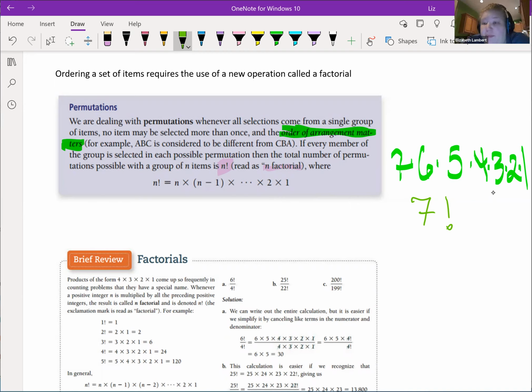Now we're going to see that pop up in a number of different ways, but this is something you can crunch on the calculator, but you have to be careful. I say that because it gets big so fast, sometimes the calculator won't be able to handle intermediate steps well.